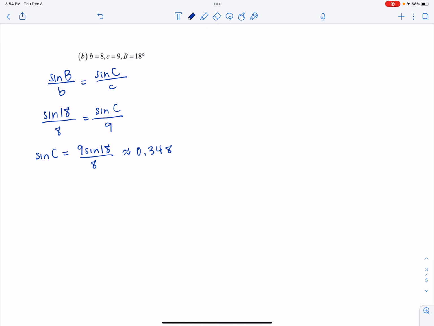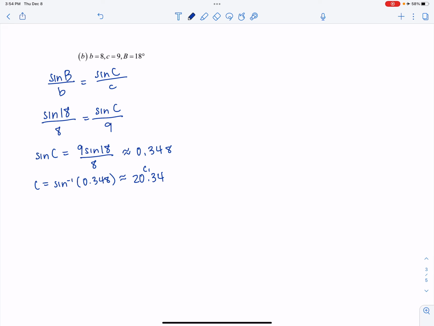Now that's the sine of C, so if we want C, we need to take sine inverse of 0.348, which is approximately 20.34. Now we're going to do the same thing. 20.34 is a possible C1.